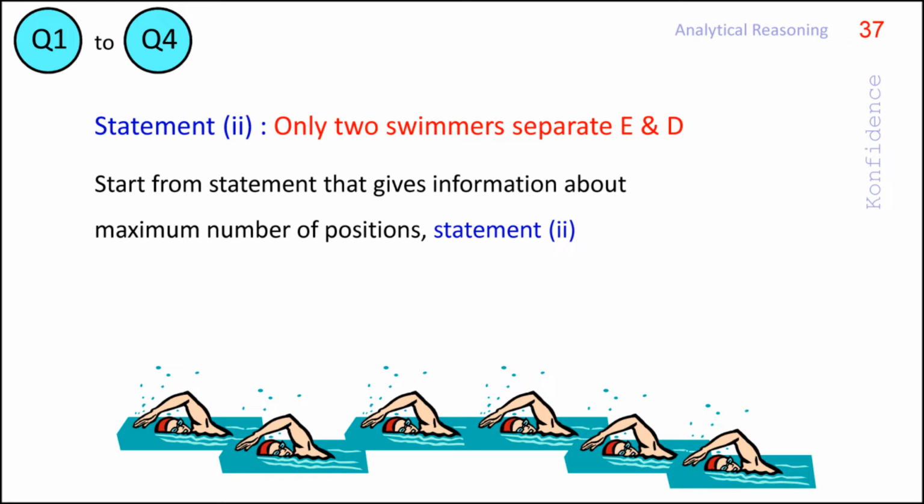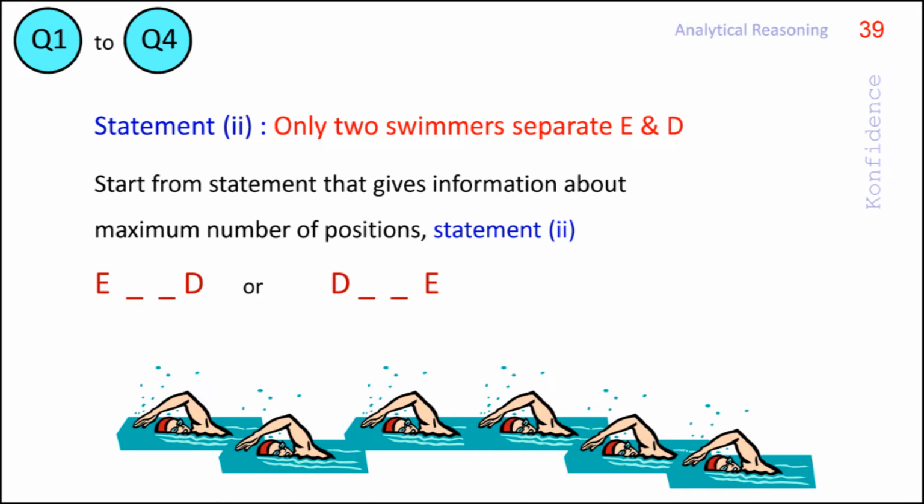Only two swimmers separate E and D. Now, we have information about 4 positions, E, D, and 2 swimmers in between. So, the arrangement could be E dash dash D or D dash dash E.